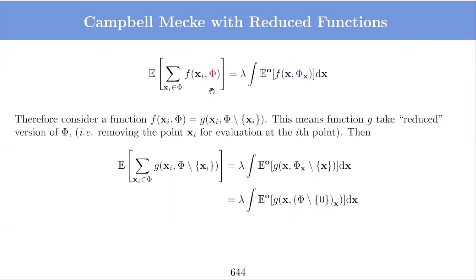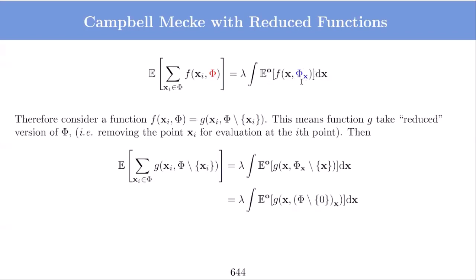Now if I put it there on the left hand side, I get this. I am going to each point and computing this for xi and phi, but in the second argument the point xi is removed. On the right hand side you again get the same thing: you would have phi at x, but the point x would be removed. The point at the origin should not be included in phi.